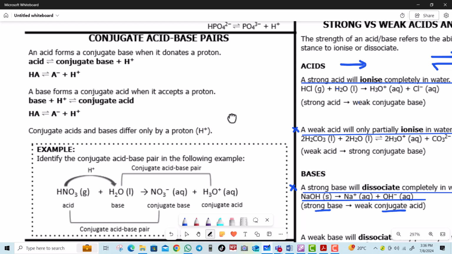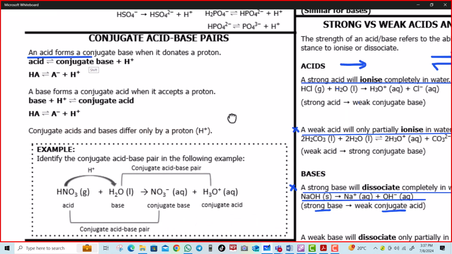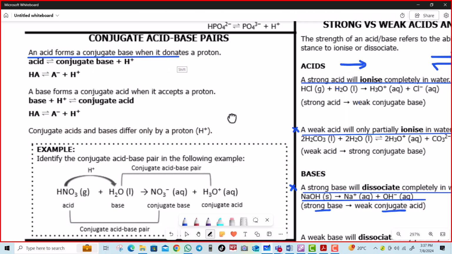An acid forms a conjugate base when it donates a proton. For example, here we have this acid HA giving us A minus plus the proton. Look here, guys, pay attention.